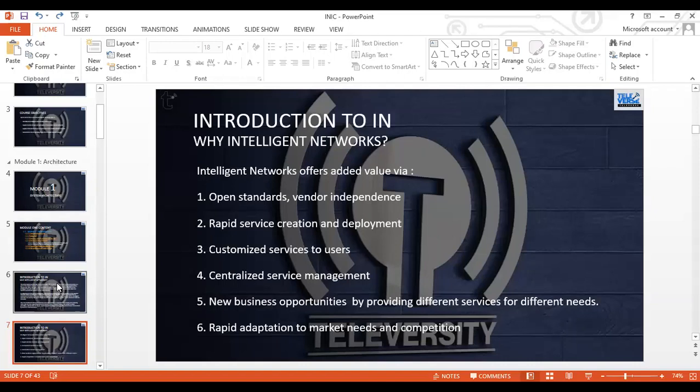And then rapid service creation and deployment. So rapid, like I said, if you go and see the vendor and he's now telling you that it will take, and it took quite a lot of longer durations to get some of these services because the thing is hardwired.